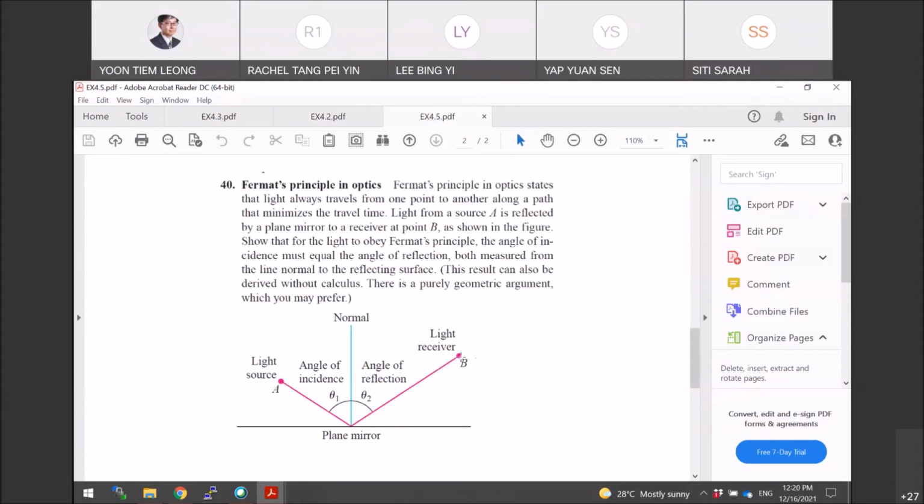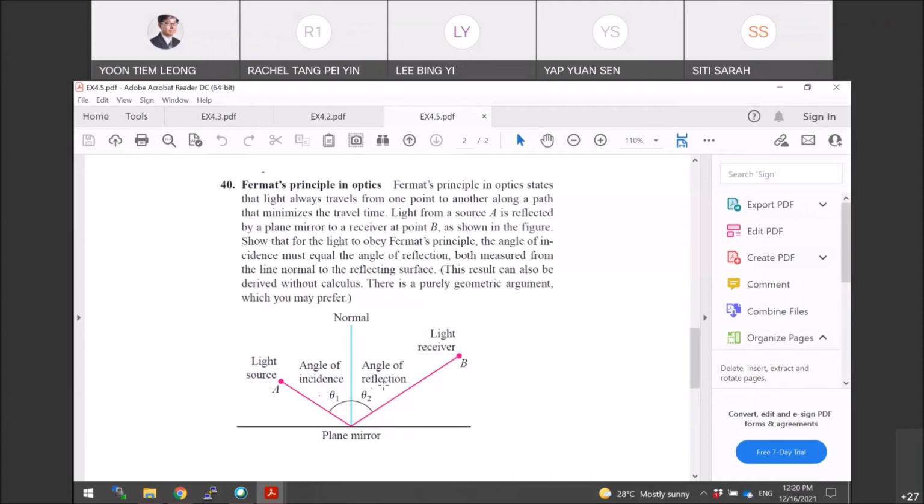So what I'm trying to tell you is that the time from A to the plane mirror is dependent on what this angle is. So the angle θ1 will decide how long the time takes for light to go from A to here, and θ2 will decide how long the time takes for light to travel from this point to this point. Then you form their functions for the time t1 plus time t2.